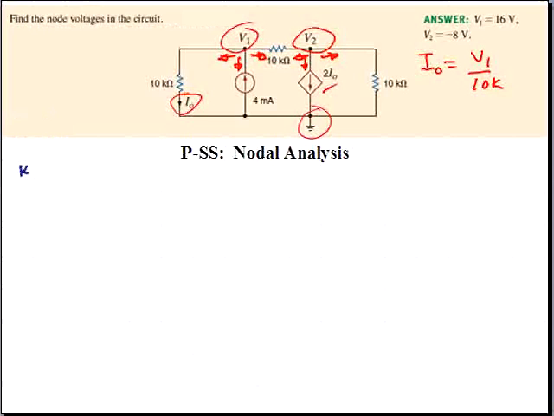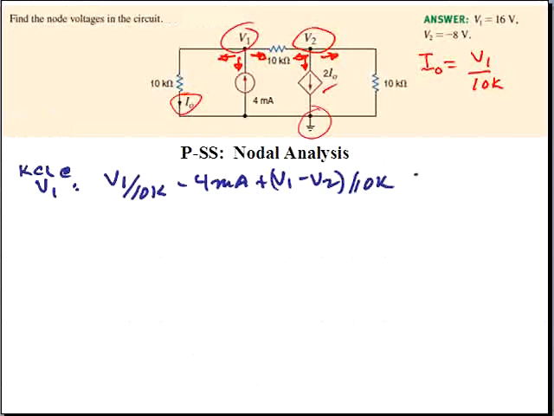So if we do KCL at the node V1, we will have the currents V1 divided by 10K minus 4 milliamps plus V1 minus V2 divided by 10K is equal to 0.